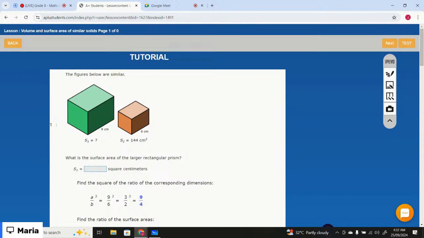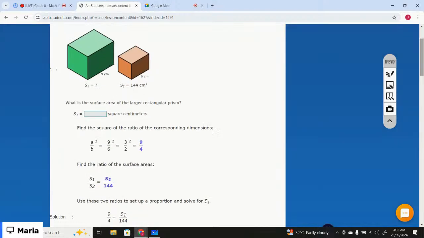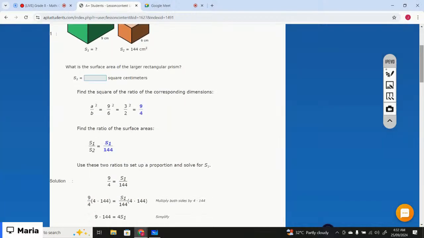The figures below are similar. You are given two similar figures. What is the surface area of the larger rectangular prism? So you need to calculate their surface area. When you have similar figures, you need to make the ratio between their similar sides.